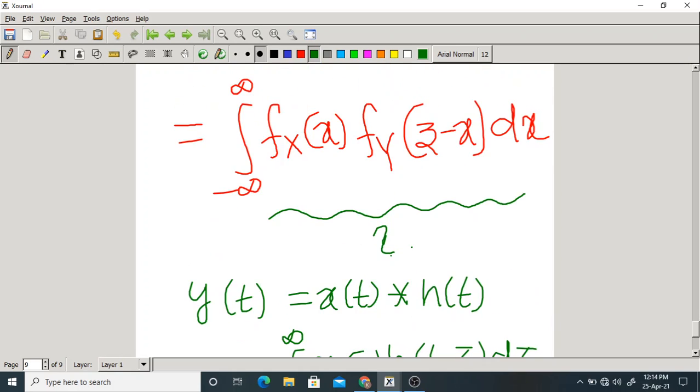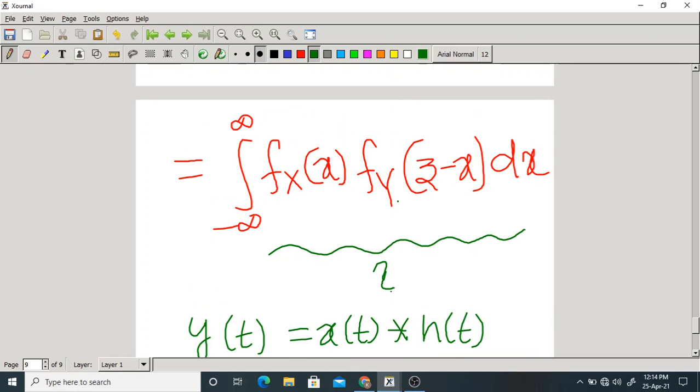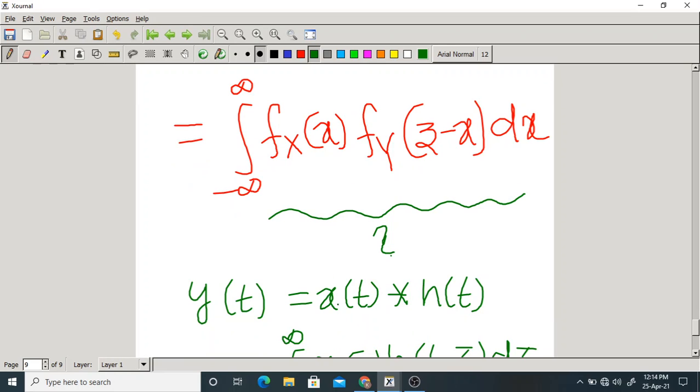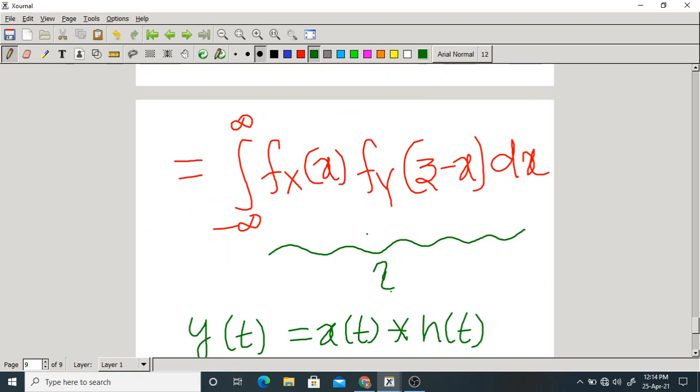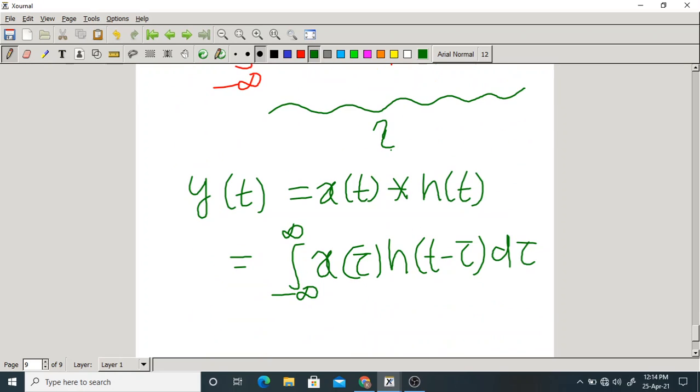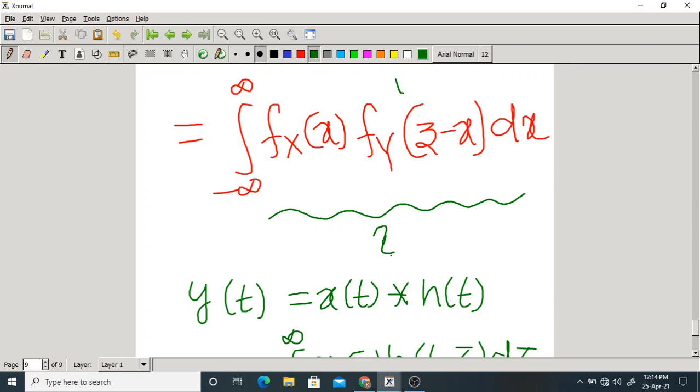Is it in the same way or not? Think of it. It is also convolution. In place of tau, I have x. In place of t, I have z. Compare these two. They are exactly the same.